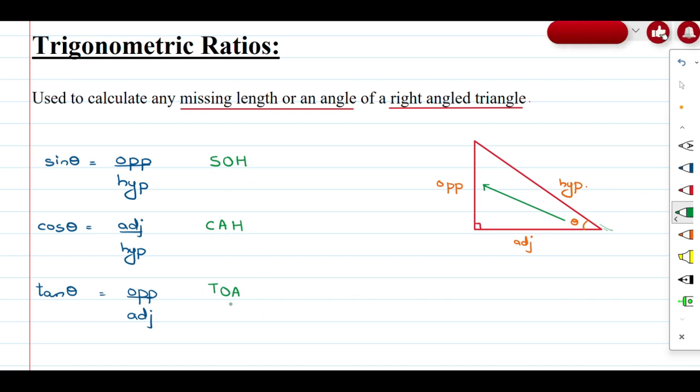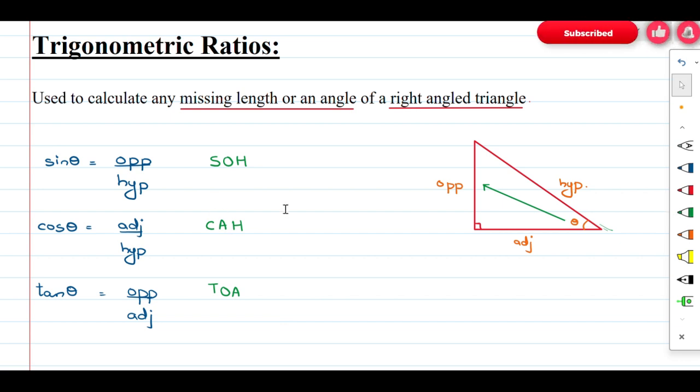Sine theta is opposite over hypotenuse, cos theta adjacent over hypotenuse, and tangent theta opposite over adjacent. If you have learned these three formulas, you can easily figure out the missing angle or the missing length of a right angle triangle with the help of these primary trigonometric ratios.